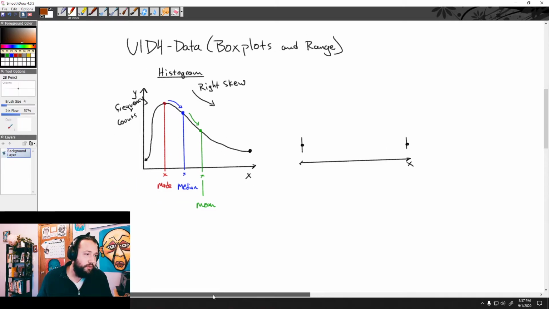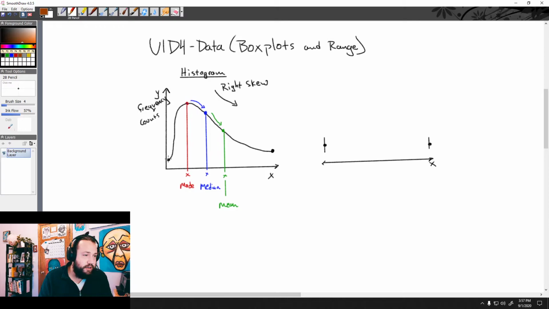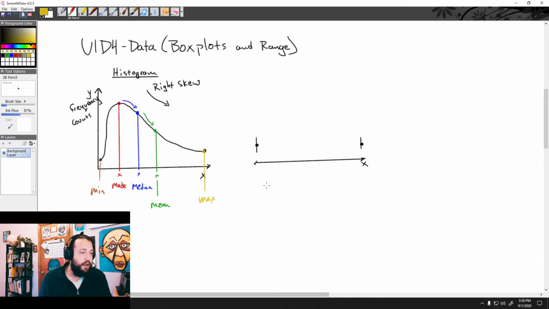If I wanted to label these, we all know that this right here is the minimum, and this here is the maximum. All right. So same with my box plot. I'm going to have a minimum value on the left. This is going to be my min. And on the right, I'm going to get my maximum value.